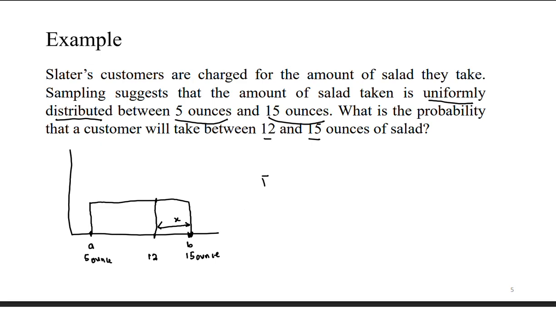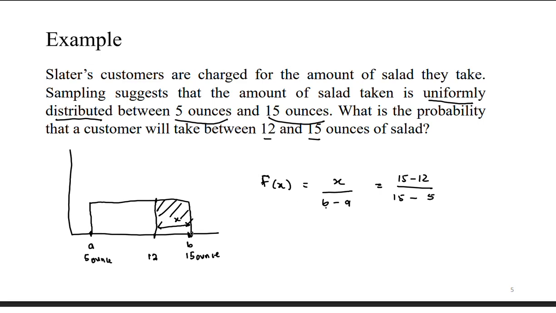Now to find the probability for this, we said the probability distribution function f of x is equal to the interval of x divided by the distance from A to B, which is B minus A. Now, if we are trying to find the area for this uniform probability distribution between 12 and 15, then our x is the distance between 15 minus 12, divided by the bigger value B, which is 15, minus the smaller value A, which is 5.